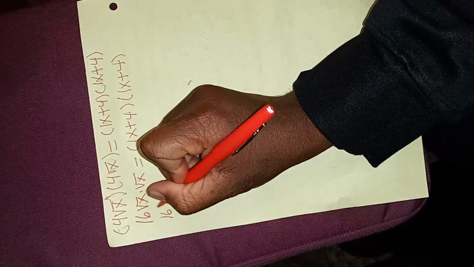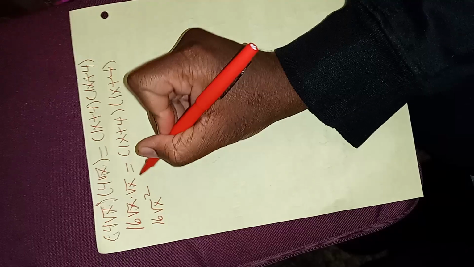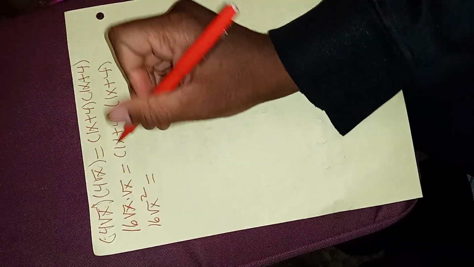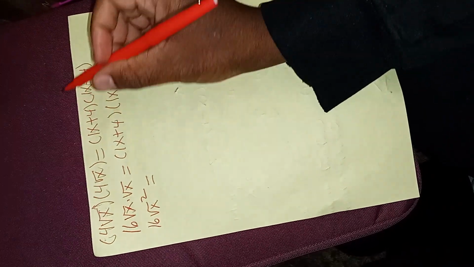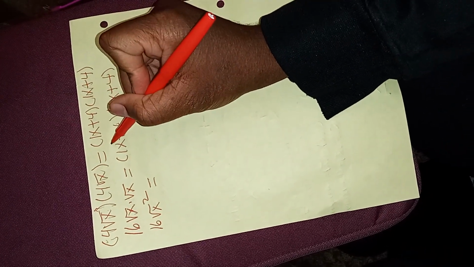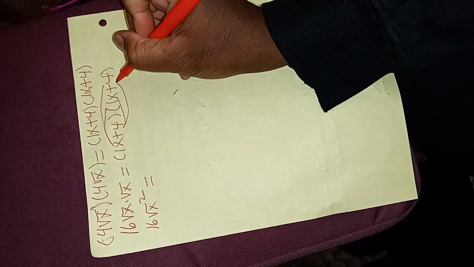So 16 square root of x squared will equal, and we want to FOIL: outer, outer, inner, inner.